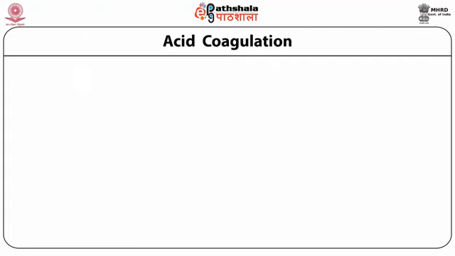Students, we have seen the action of rennet on milk. Somewhat similar action can be produced with the addition of acid to milk because the casein of milk is least soluble at its isoelectric point, that is a pH of 4.6, and as we know the milk is nearly neutral.